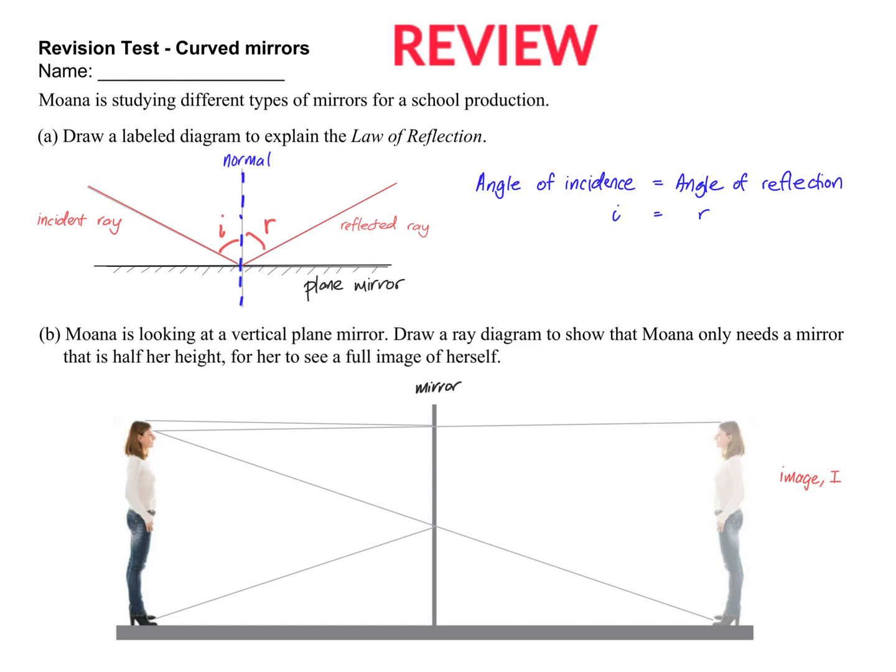So this is the virtual side, and where the light ray travels on the left hand side, that's the real side. Okay, to complete the diagram, there is a light ray, don't forget the arrows, coming from the top of her head and reflecting off the mirror towards her eyes, and of course from her feet towards her eyes.